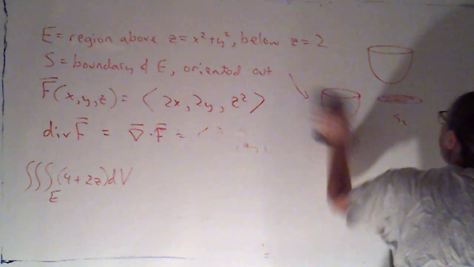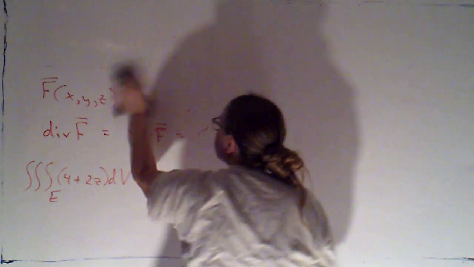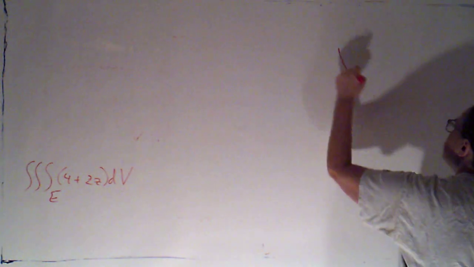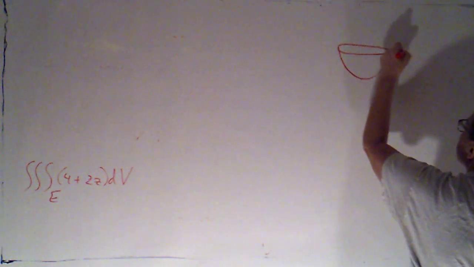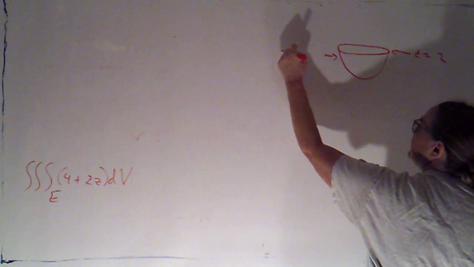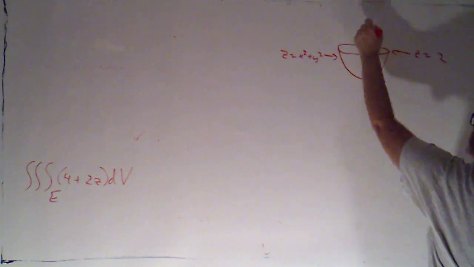All right, and the region over which I'm integrating, remember, is the region between this paraboloid and the plane z equals 2. This was z equals x squared plus y squared, the bottom boundary.